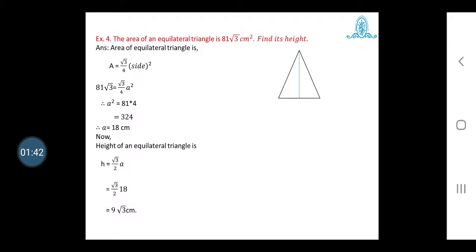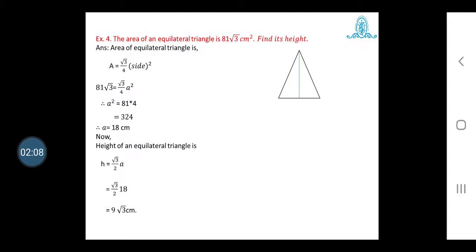Yes, it is root 3 by 4 into side square. This is an equilateral triangle in which the sides are equal, and we have to find the height of the equilateral triangle. Now, by using the formula of area of equilateral triangle, we get the side of this triangle.